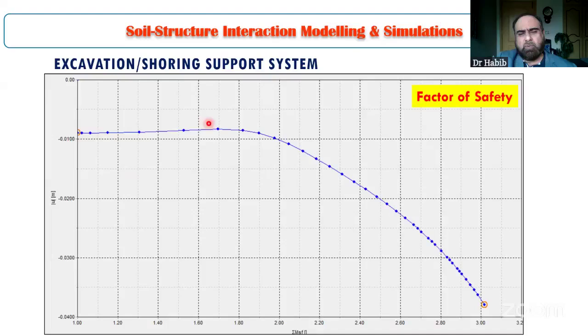So we can have a factor of safety determination for the entire system, and this can give us peace of mind that the entire system is away from any kind of possible unsafe scenario.